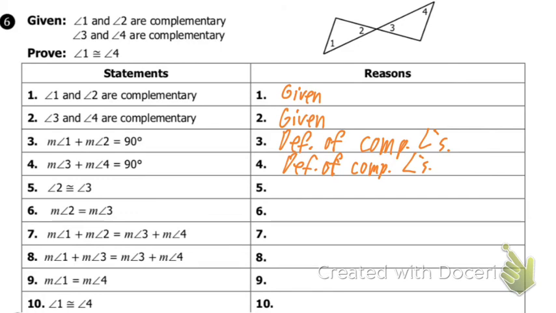Now we're saying angle 2 is congruent to angle 3. Now this actually doesn't follow any of these first 4. If we try and figure out what it follows, we'll notice that we won't find anything to actually go off of. So if we get to this point where we're looking above, what is this going off of? How do we get here? We get stuck. Look at the picture. Angles 2 and 3.